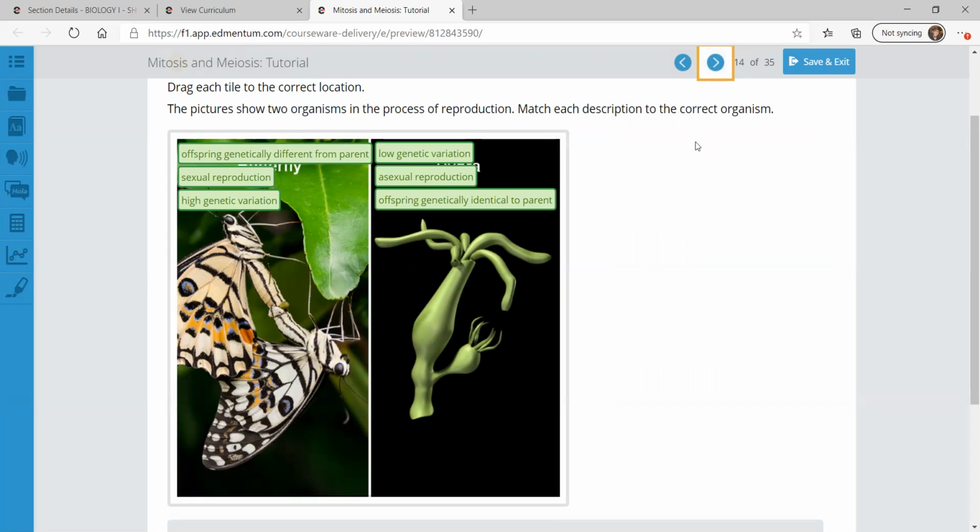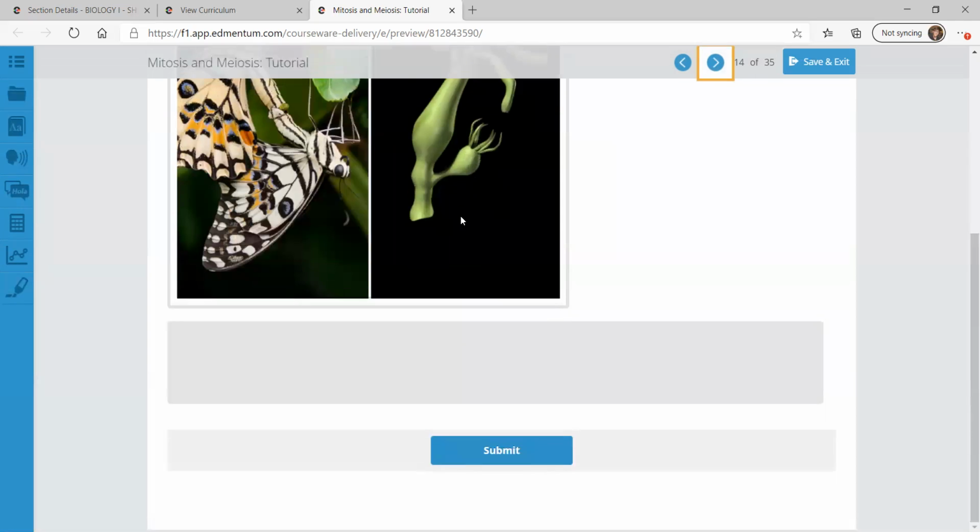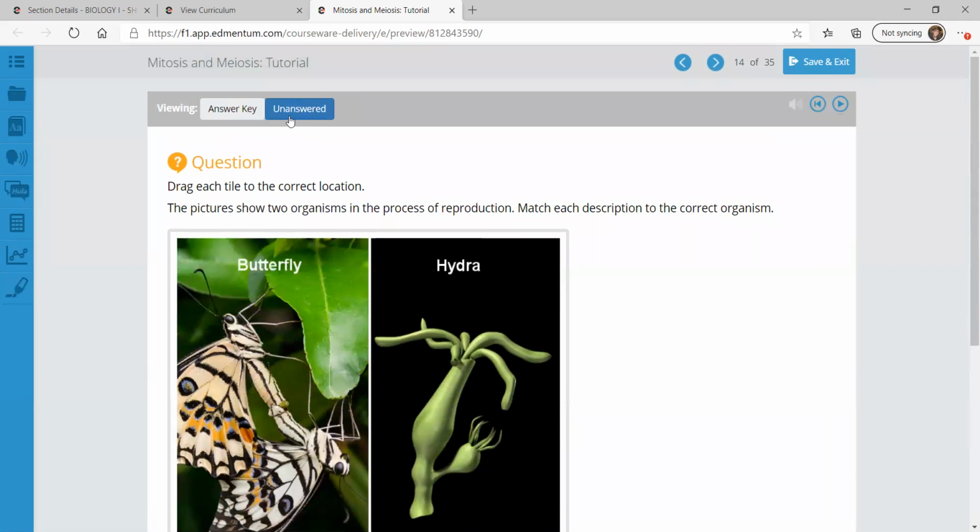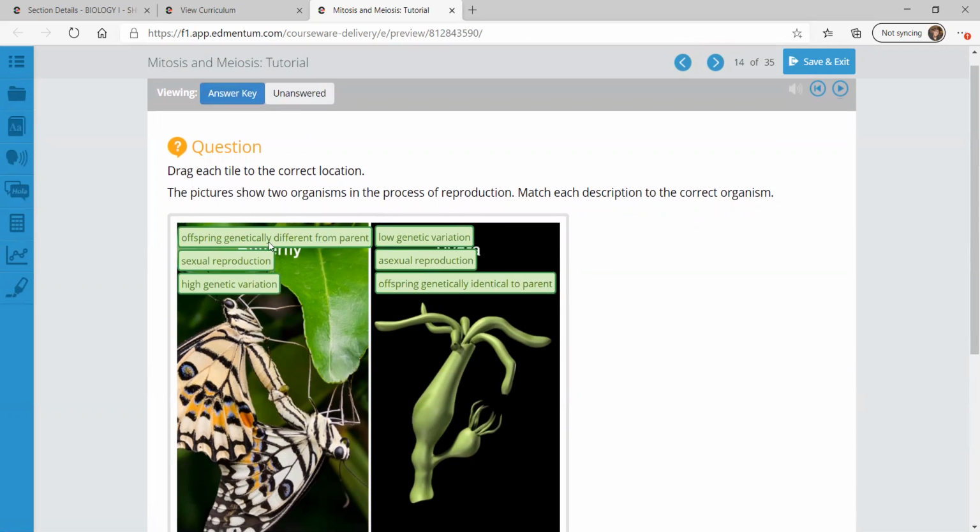Now we have two pictures that show two organisms in the process of reproduction. Match each description to the correct organism. So we have butterflies and some type of budding. We have the butterfly, and then we have hydra. And if we put back the answer key, we have the butterflies mating sexually, or sexual reproduction.